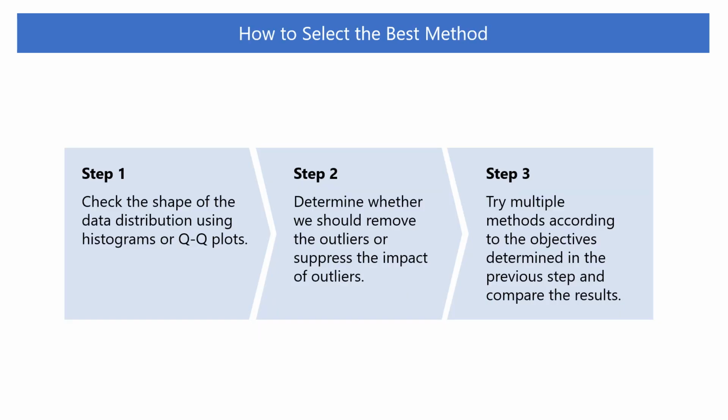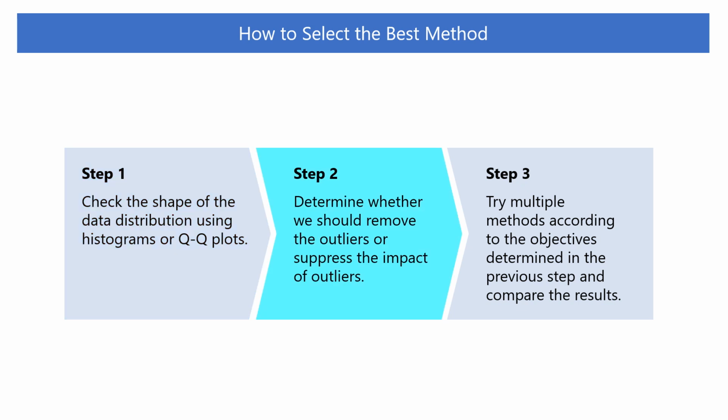As we have seen, there are various methods for outlier detection, each with its advantages and disadvantages. In order to select the best method, we can take the following steps. First, check the shape of the data distribution using histograms or QQ plots.